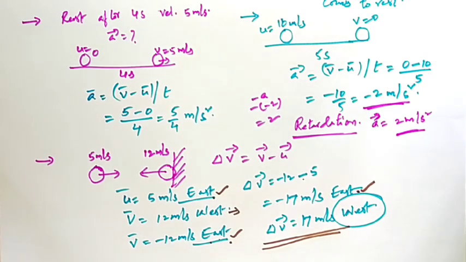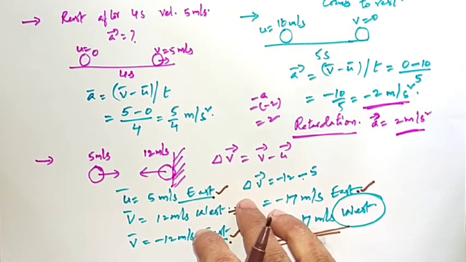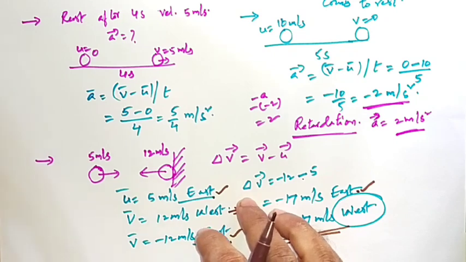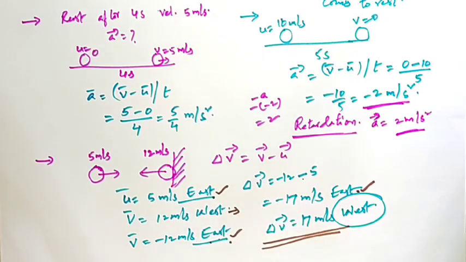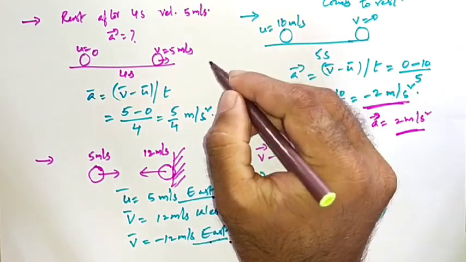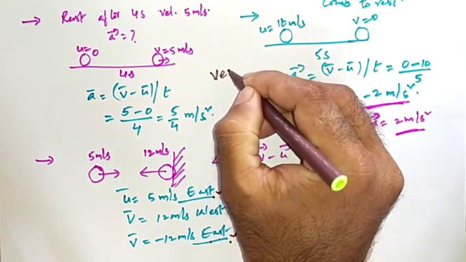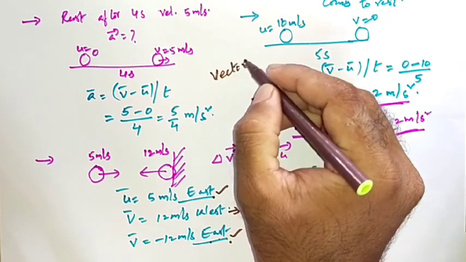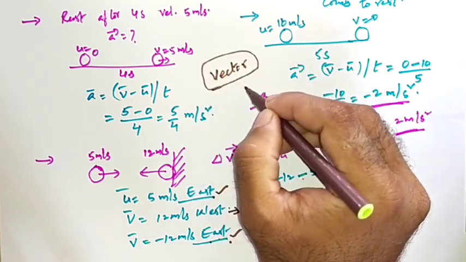Understood? In this way you can calculate so many numericals on acceleration and change in velocity. Be careful while working with any vector physical quantity, because it has direction.